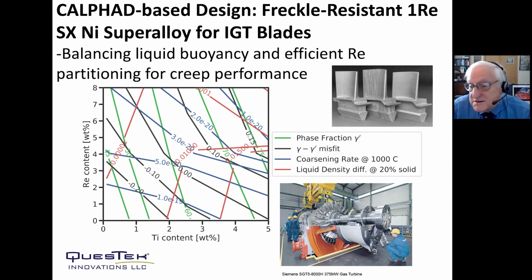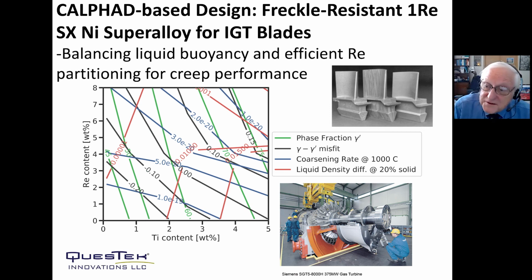And we looked at this with Howmet at that time in the late 90s. All the physics is known. The issue was at that time there wasn't enough accuracy in the available CalPhAD databases to really address the problem.